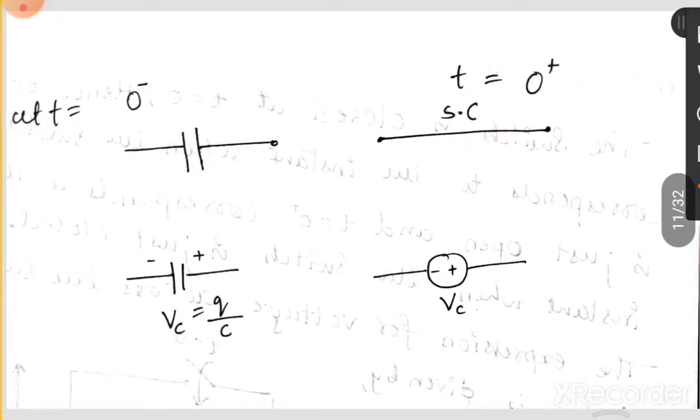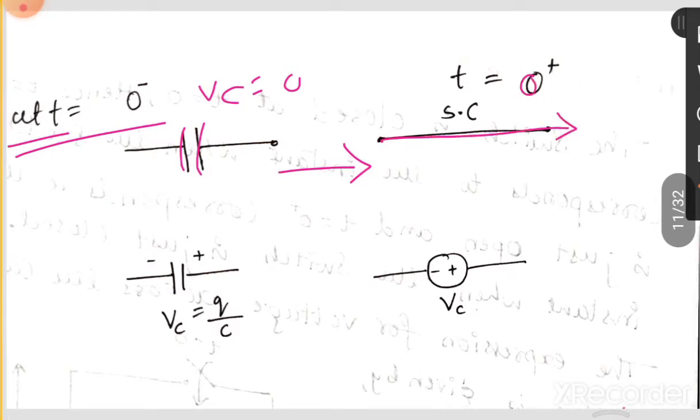So in general we can say this about just before the switching action and just after the switching action. Let's take t equal to 0 minus, if you have a capacitor and there is no voltage across this capacitor. When there is no voltage across the capacitor, then at t equal to 0 plus, you can consider it as a short circuit.